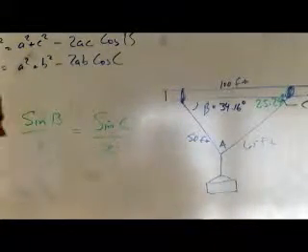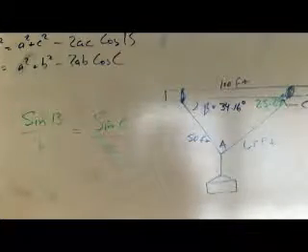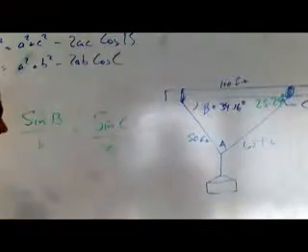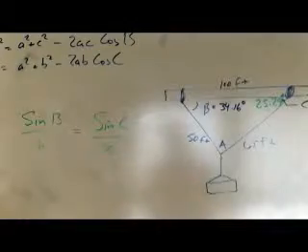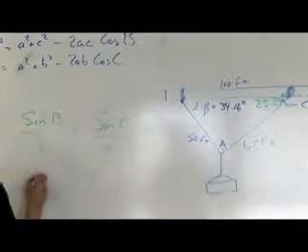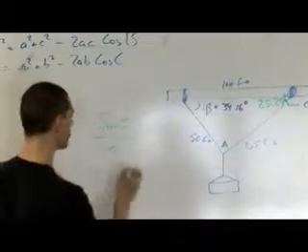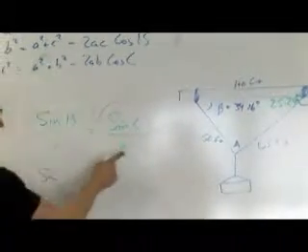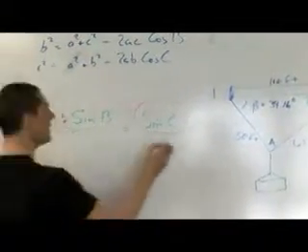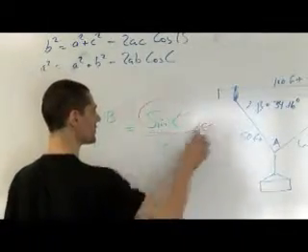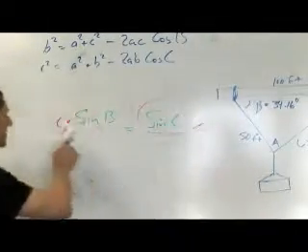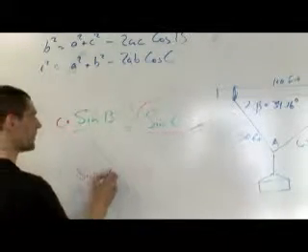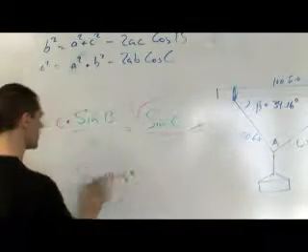Let's see if this works first. The reason why I want to introduce it slowly is there's a bit of ambiguity, which we'll discuss, but don't worry about it. So according to this, we want to solve for sine of C, to figure out what angle C is. So that means that I multiply by little side c and cancel it out. Sine C is equal to side c times sine B over b, so 34.16 degrees.